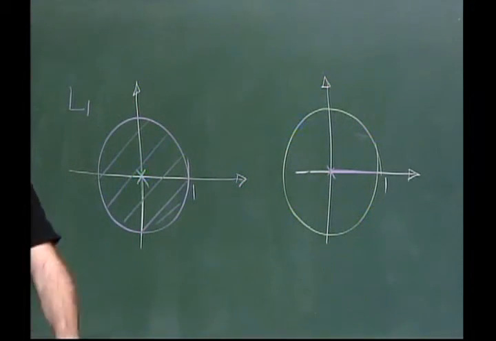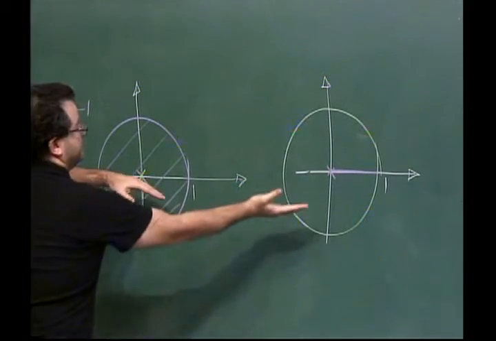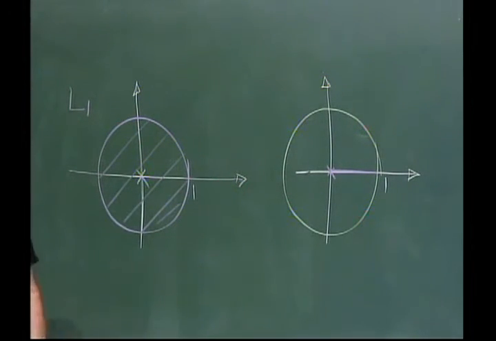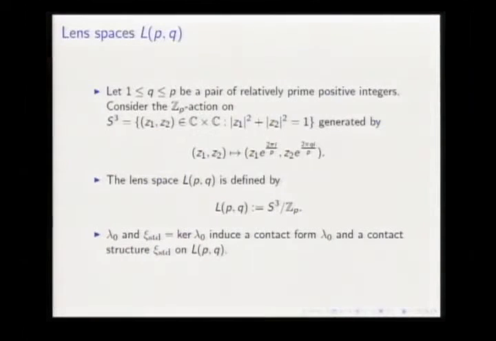And you take the quotient of S3 under this action, so you have this lens space L(P,Q). And since the Liouville contact form is invariant under this action, it descends to a contact form on the lens space, and of course the contact structure descends to a contact structure on the lens space. And so you have what is called the standard contact structure on the lens space, denoted the same way.